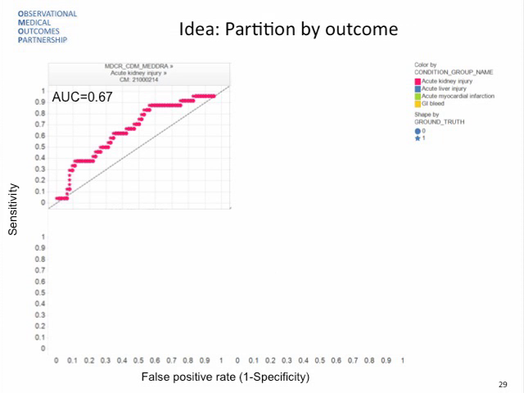Up top here, I'm showing you that same ROC curve, but now just focused on acute kidney injury. If I just focus on the positives and the negative controls for acute kidney injury, I can achieve an AUC of 0.67. So again, new user cohort design, propensity score on Medicare data. If we only use it for acute kidney injury, we can get an AUC of 0.67, actually slightly better than the overall.